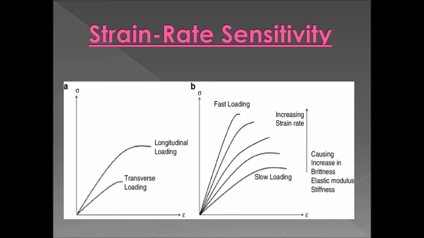Okay, as compared to slow loading, when we apply load slowly to the bone, the creep will occur earlier, and the bone will become less stiff and will get easily fractured. So this is the basic difference between the fast and slow loading mechanism or the strain rate sensitivity of the bone.